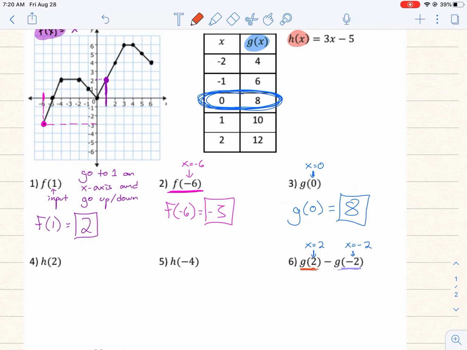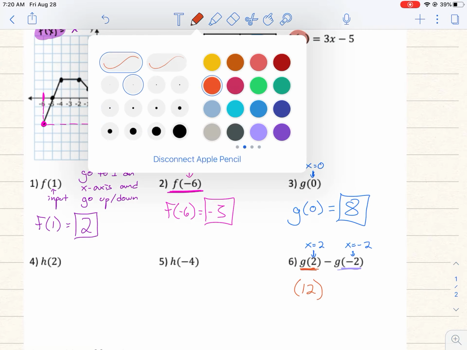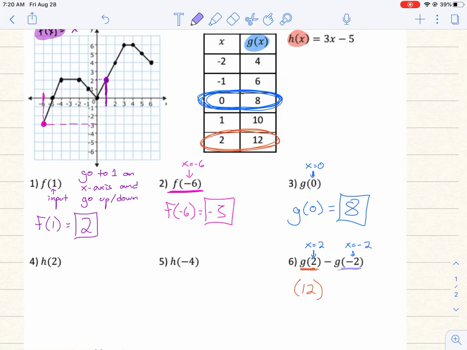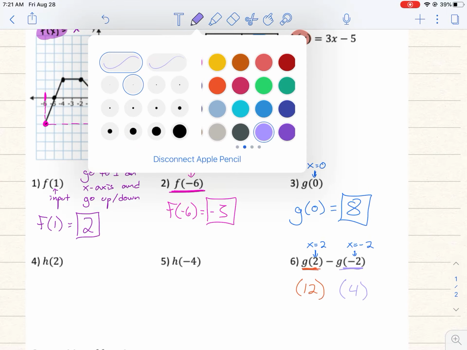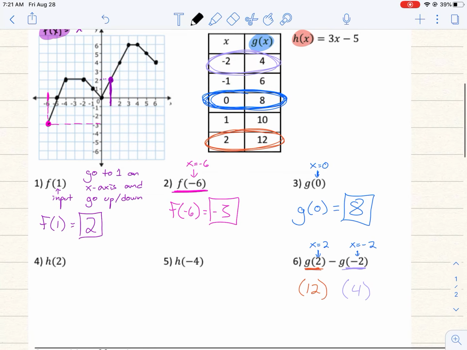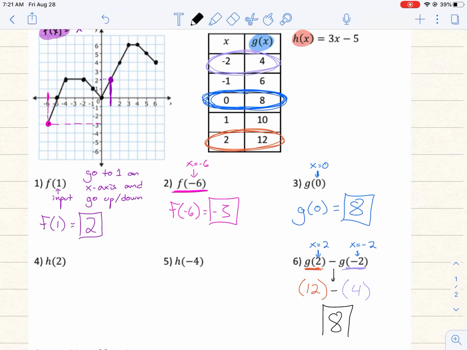So when x is 2, g of x is 12. And when x is -2, g of x is 4. And we wanted to subtract here. So 12 minus 4 gives us 8.